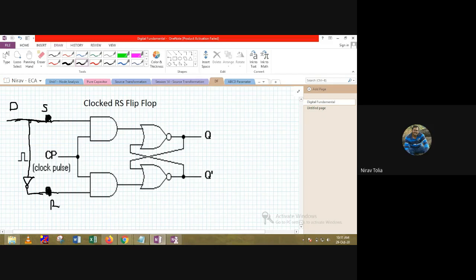So suppose my S is 0, then the same input we are taking and connecting with a NOT gate. So at that moment my R is 1, and the flip-flop state is reset.